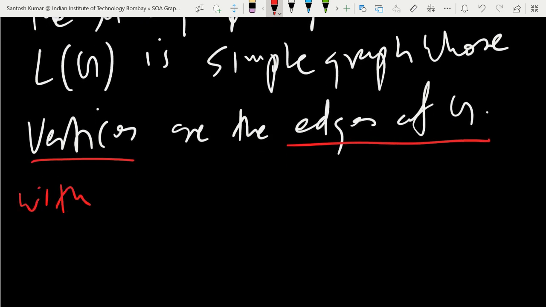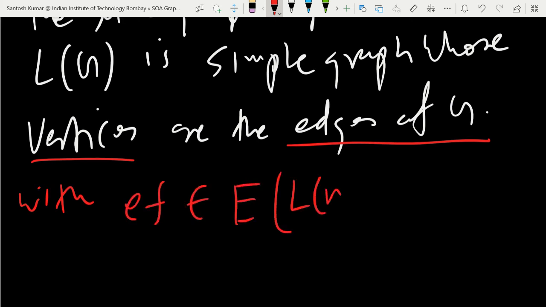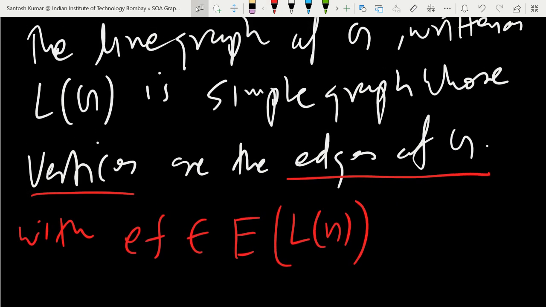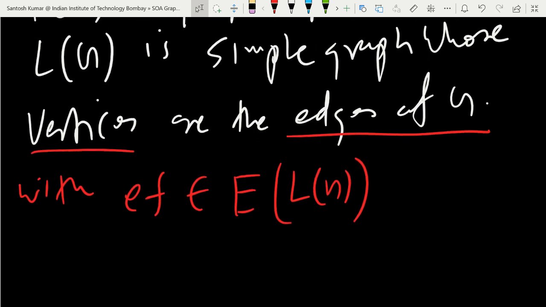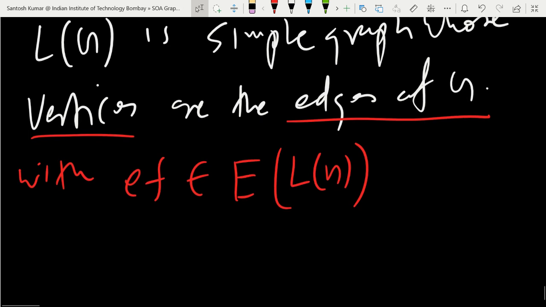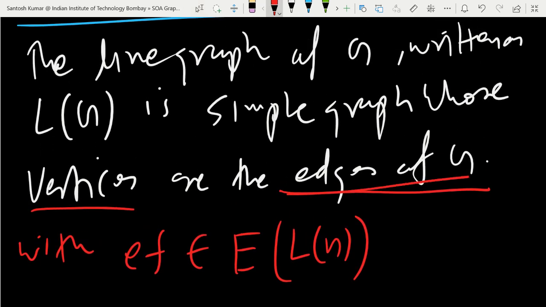With EF, okay, EF is an edge in the line graph. E and F separately are vertices in the line graph, and that EF was an edge in G. So an edge of graph G will be a vertex in the line graph.